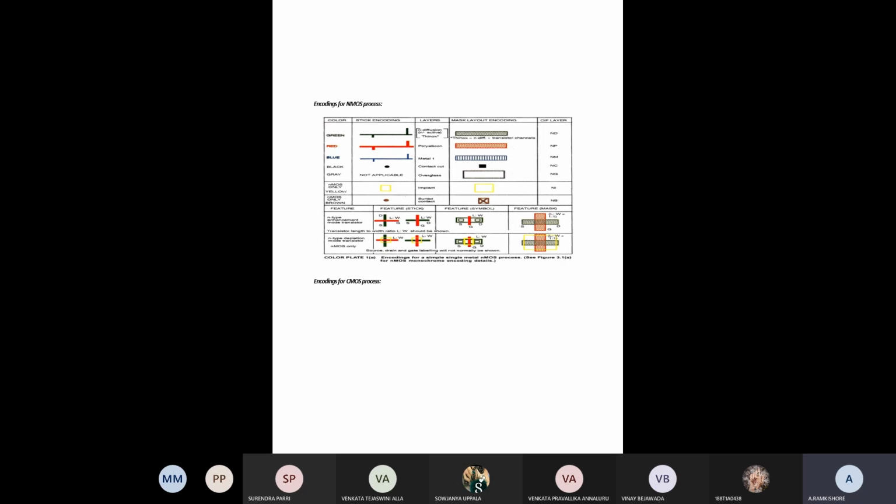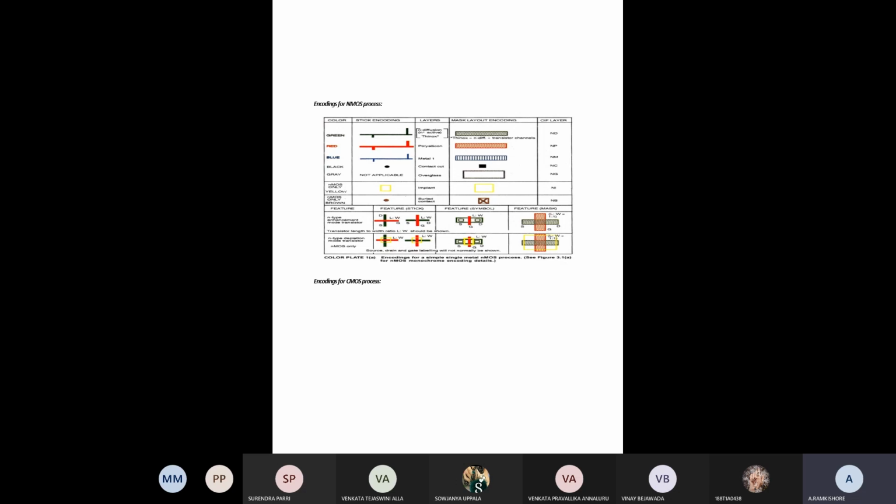The N diffusion will be indicated with a green color in the stick diagram. So we write a green line, but in the mask, as you are seeing in the PPT, it is a rectangular box. Within the rectangular box, we have to draw right side inclined lines. Clear? So next layer is polysilicon.